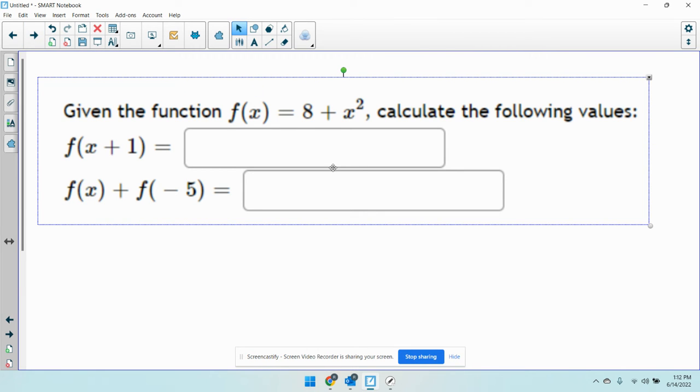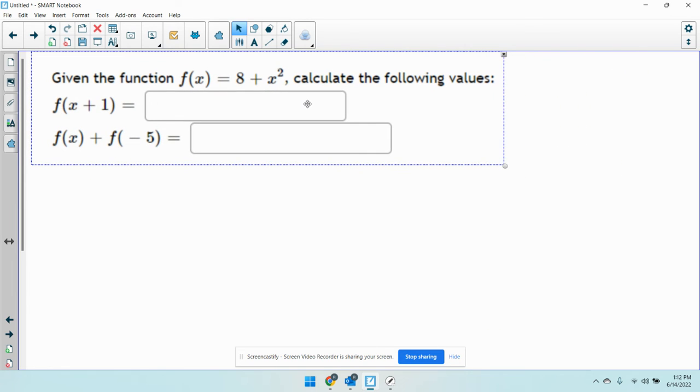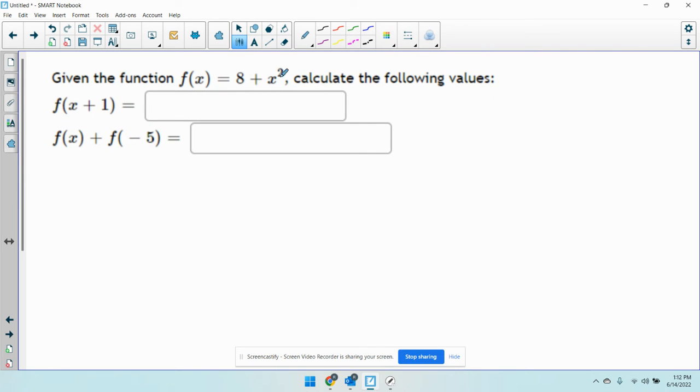Okay, now some algebra here. When you have function notation, you're just going to simplify this expression here with whatever is inside the parentheses, replacing the variable x. So this first one, f of x plus 1, I'm just going to rewrite the expression, but replace x with x plus 1. So instead of x squared, it's x plus 1 squared.